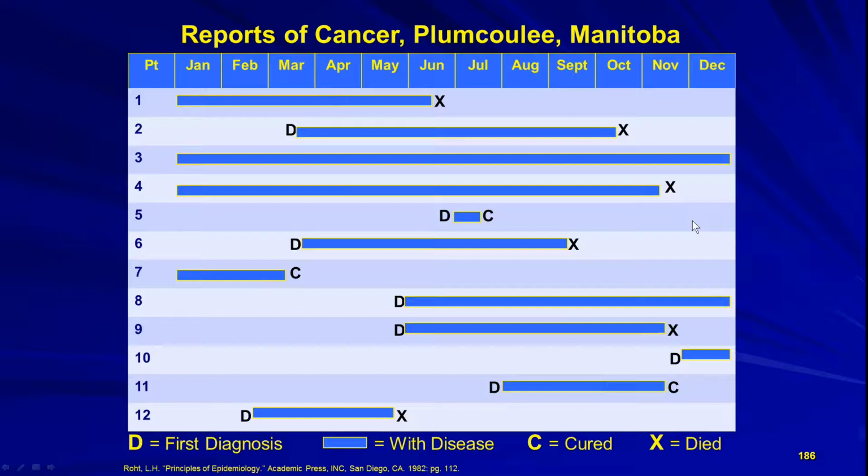Now, my question to you is, what is the prevalence rate at July 1st? So we're going to look at the prevalence on July 1. One of the things you have to take into account is the definition of what prevalence means.